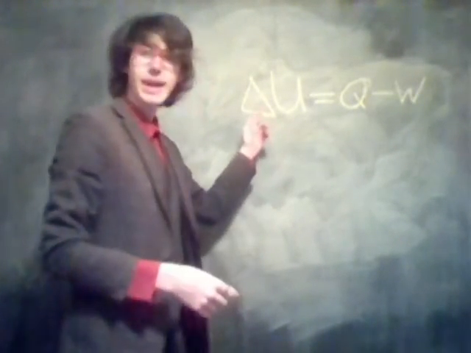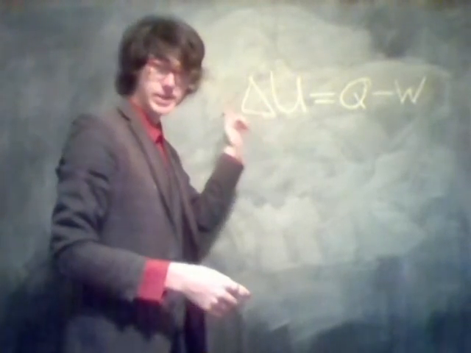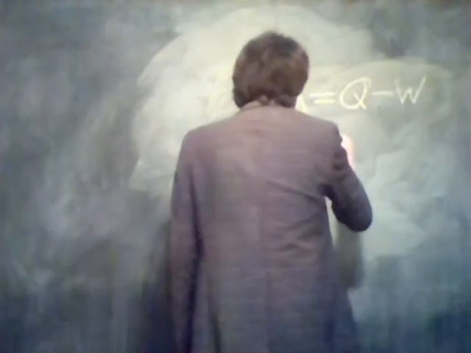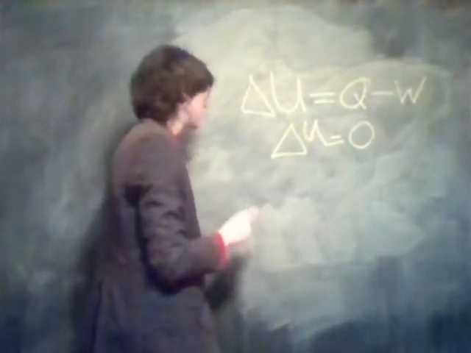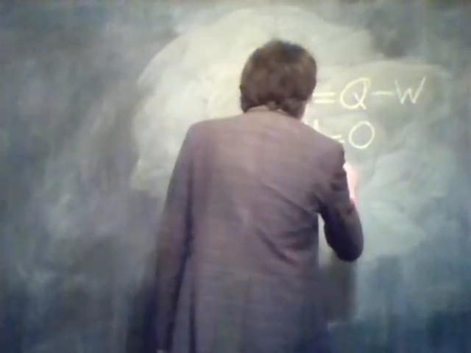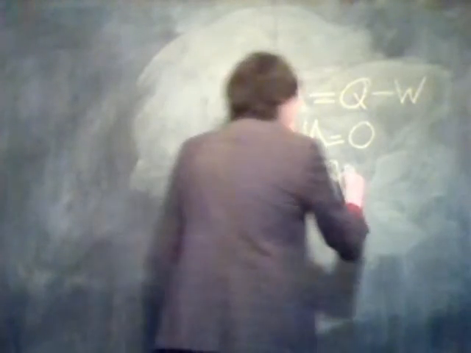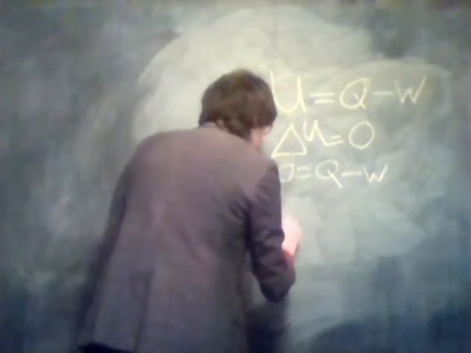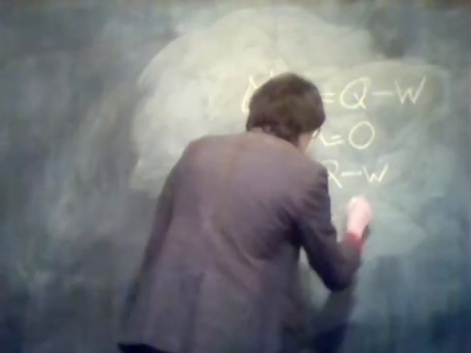There shouldn't be any change in the internal energy of the system. So delta U should be equal to 0. This means that 0 is equal to the heat transfer minus the work, which means if you move the work over here, that work is equal to the heat transfer.